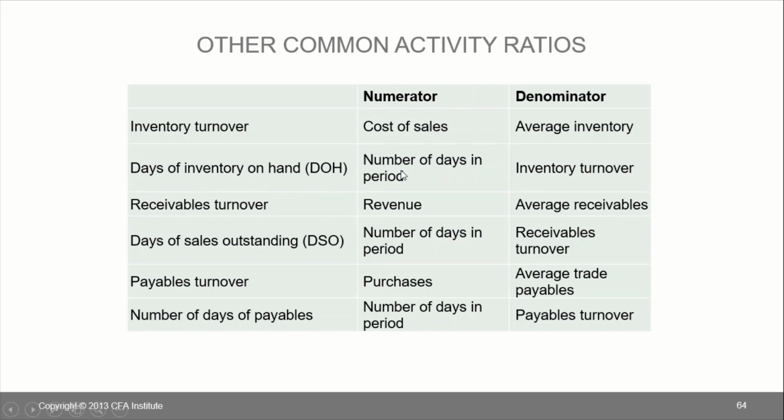So meaning this is the number of days. The numerator is number of days in period over inventory turnover. So as mentioned a while ago, other ratios are really interrelated. So this is an example of that because you have to compute first for your inventory turnover before mo ma-compute yung days of inventory on hand.